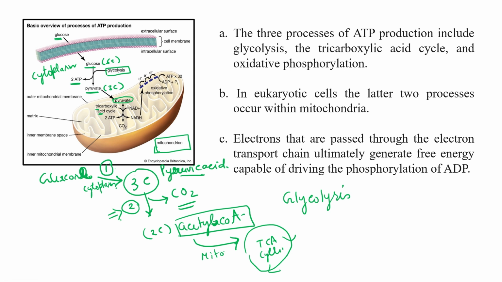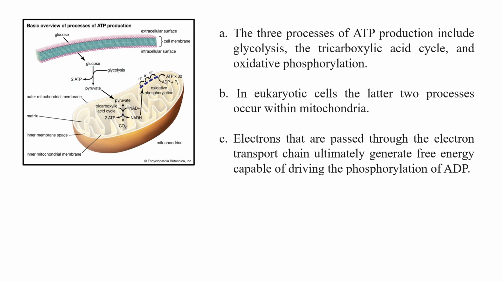After the generation of so many NADH and FADH2 during this TCA cycle, they are further utilized in oxidative phosphorylation for the production of ATP, as you can see over here. Clear? So what are those three main steps? In cellular respiration, three main processes are involved in ATP production.